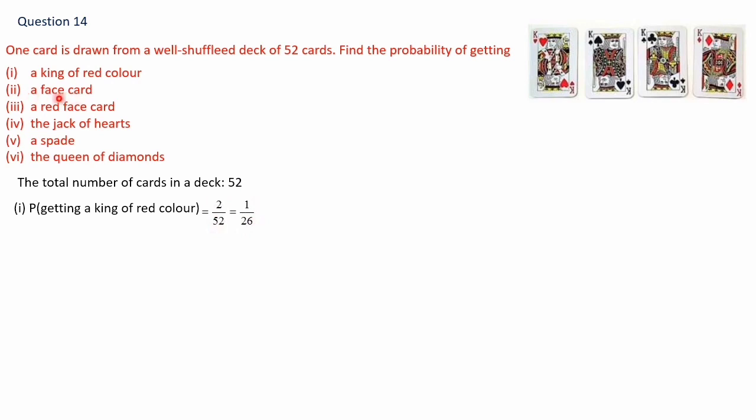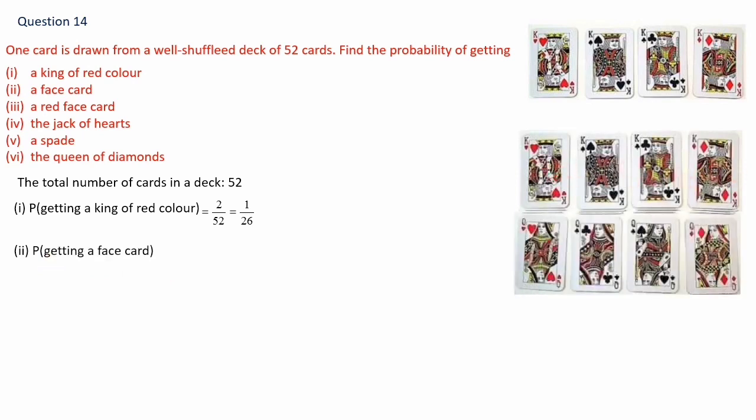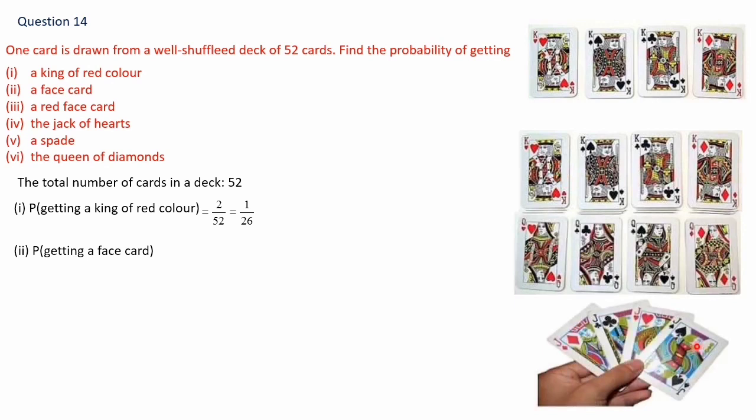Next is a face card. We have discussed this very clearly in the previous slide. So probability of getting a face card: the face cards are king, queen and jack. In each category there are 3 face cards. So 4 into 3, we have 12 face cards.